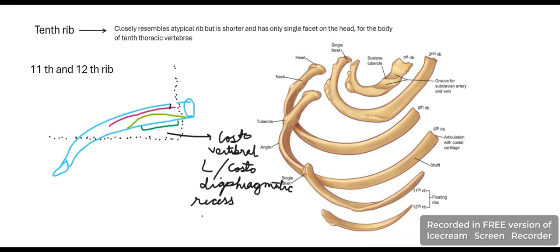This is a very important one. See this area which I have marked with the dotted line. This area is called the costovertebral angle or costodiaphragmatic recess.